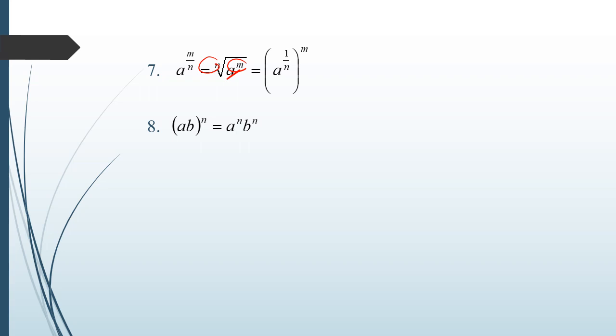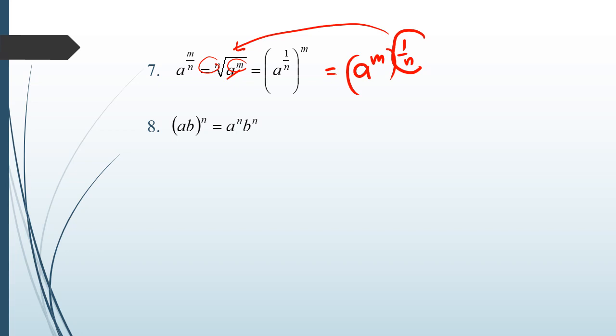Or we can write it as a to the power of 1 over n to the power of m, or a to the power of m to the power of 1 over n, which is this 1 over n is actually root of n.